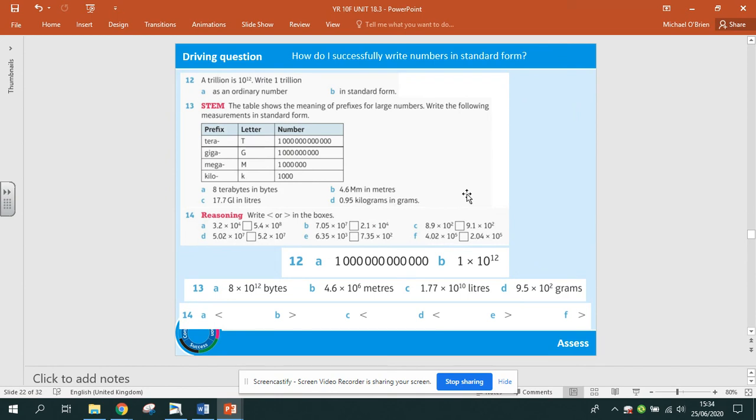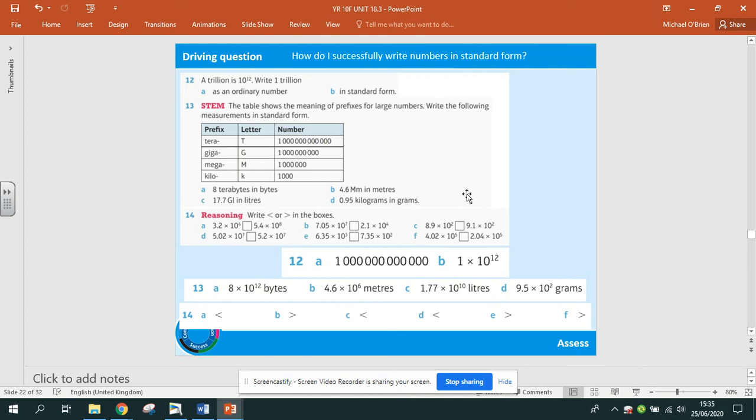So obviously 12 we've already done. Then a terabyte is 10 to the 12th, so 8 times 10 to the 12th. 4.6 millimeters in meters is 4.6 times 10 to the 6th. 17.7 gigaliters in liters.